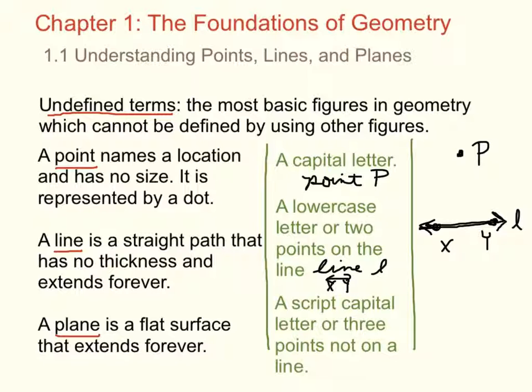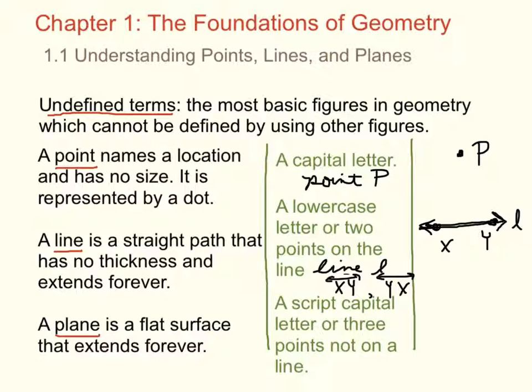Don't forget the arrows. Line XY, or we can say line YX. Now, notice that I can use XY and YX in either order, because when you name a line, you use 2 points that are on that line.